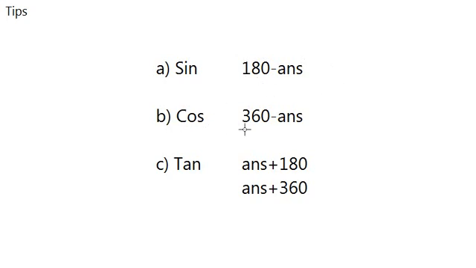For cosine, you want 360 instead of 180, and for tangent, you want to add 180 or 360 or 720. Anything that is a multiple of 180 will be correct, but at most you would have to add 360, and that's all the things that you really need to know about this chapter.